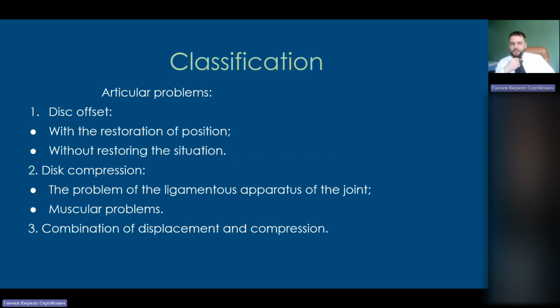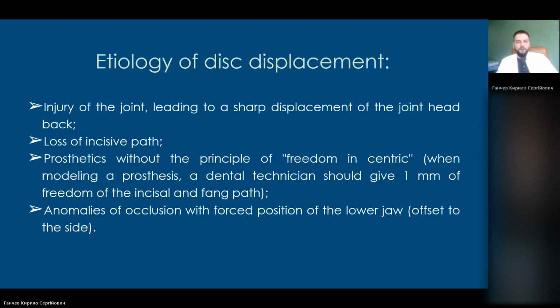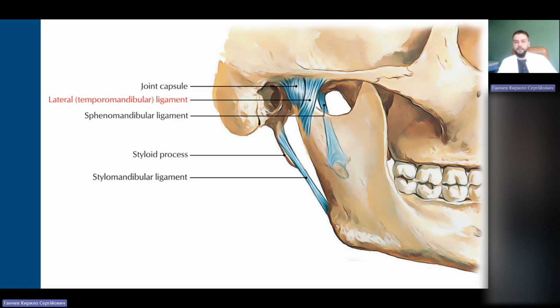Okay, classification. Articular problems. Etiology, oh no, it should have an A at the end. Of disc displacement. Disc means this thing between the bones. There is the caput mandibulae and there is a fossa in the cranium, and between them there is cartilage, a cartilage disc.